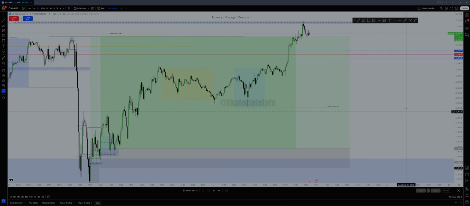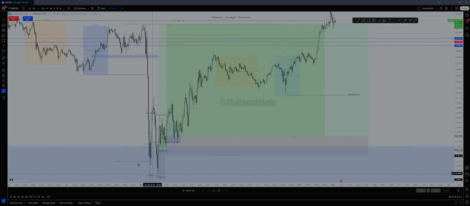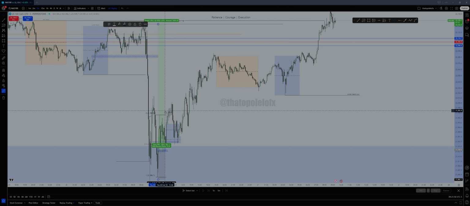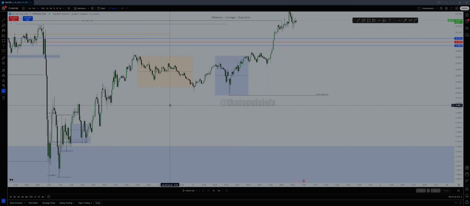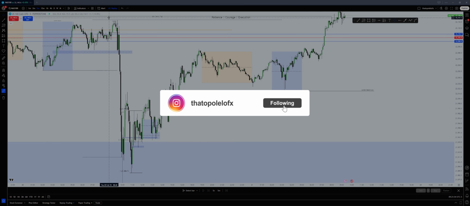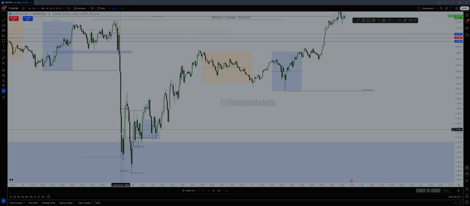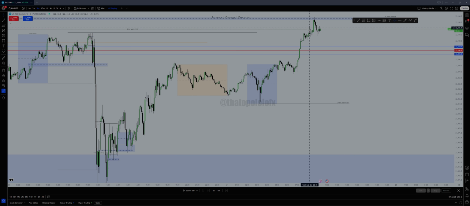I would only use it if at all price got into a higher time frame point of interest, and also only if I'm expecting price to change state of delivery. You can see that this was completely selling until this point, and then that's when we started using our candle range theory, and then boom, we got our take profit right here.